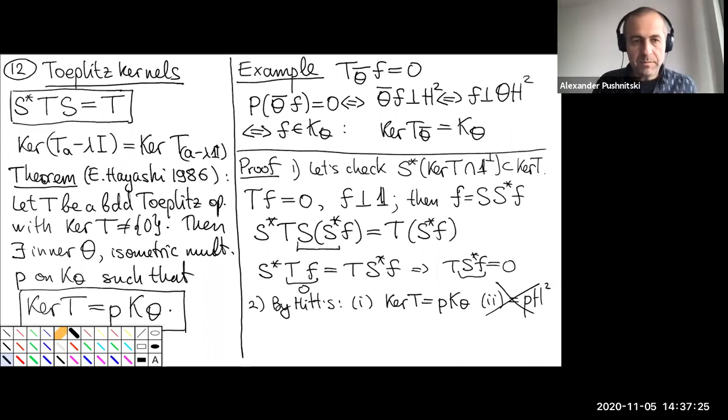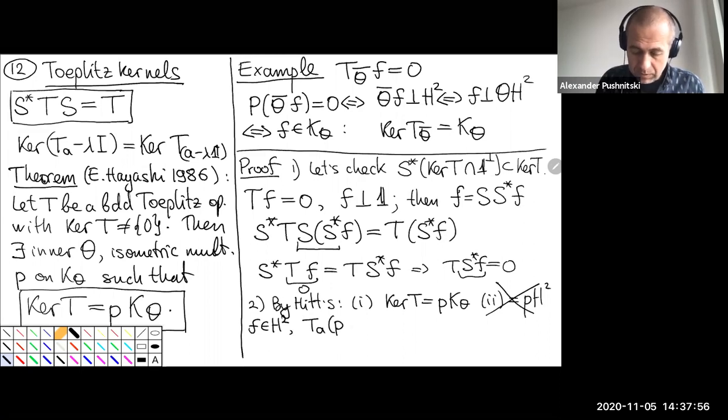I don't know if I can squeeze it into this tiny space on this slide. So suppose we have f in H2, and suppose we have that T(pf) is 0, where p is an inner function.